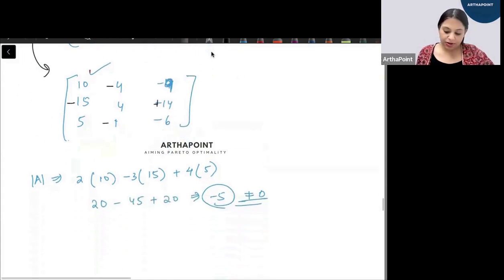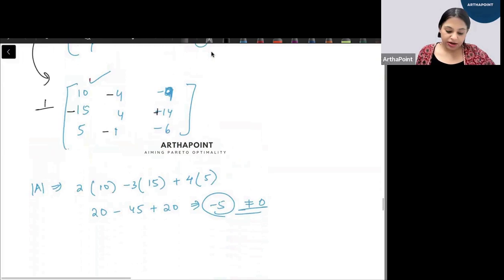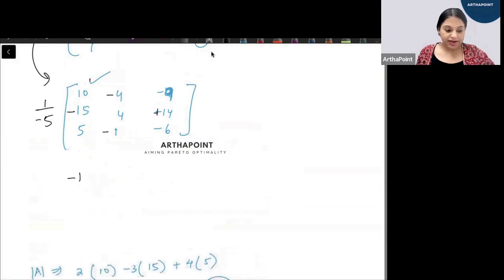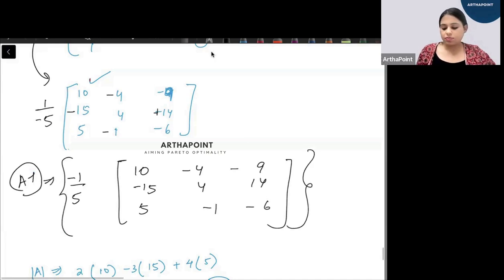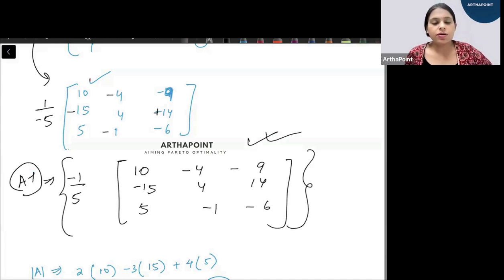Okay. And then it will be multiplied with the reciprocal of the determinant. So ultimately the answer you will get is -1/5 times 10 -4 -9, -15 4 14, 5 -1 -6. This will be A inverse.